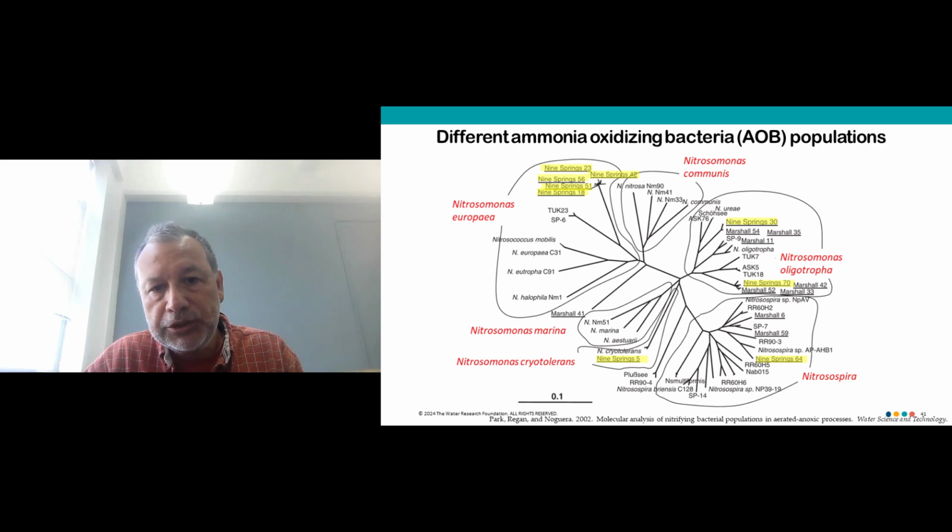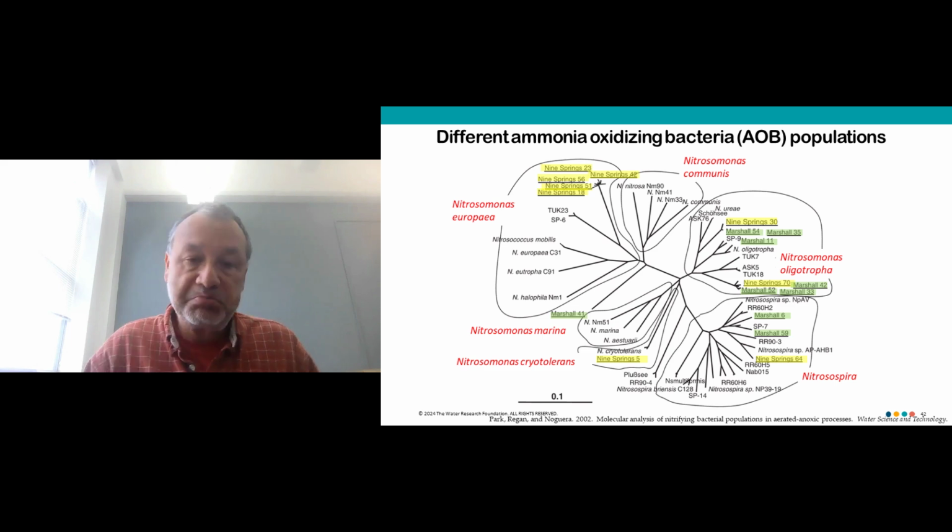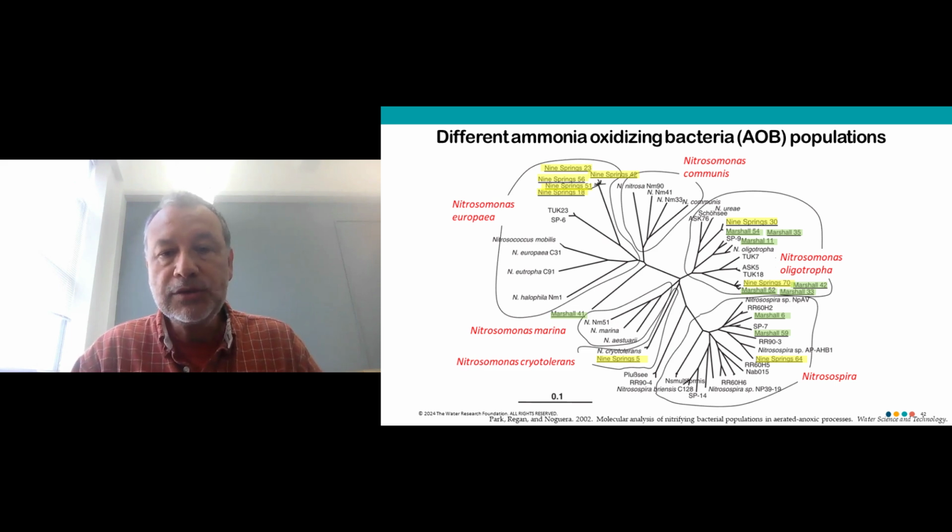And the ones in Marshall, which had this 50% nitrification occurring at very low oxygen, most of the clones were on the Nitrosomonas oligotropha side of this phylogenetic tree. So that was our first observation that there is a change in the Nitrosomonas organisms between low oxygen and high oxygen.